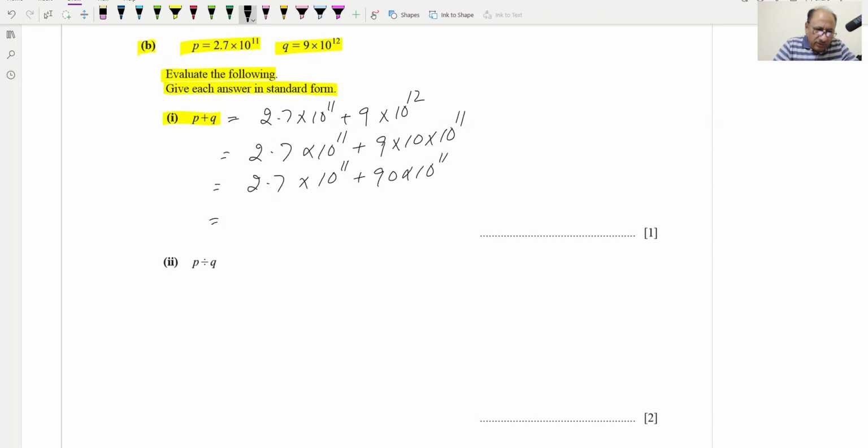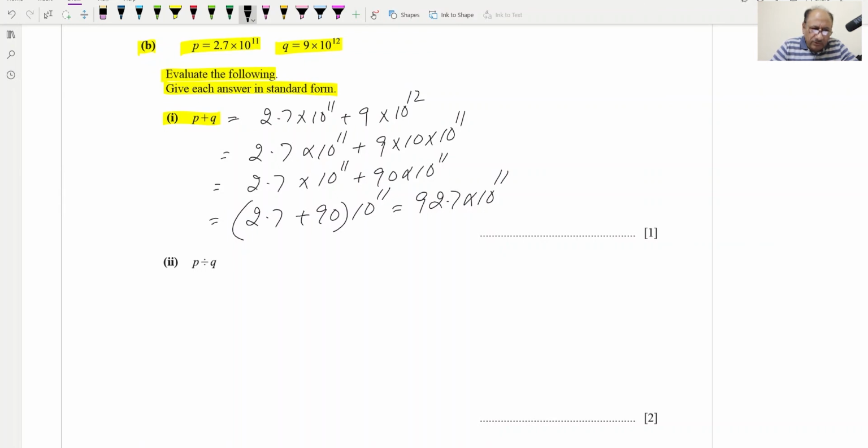And 10 raised to 11 we can take common, so inside will be 2.7 plus 90, into 10 raised to the power 11, and this will be equal to 92.7 into 10 raised to the power 11.